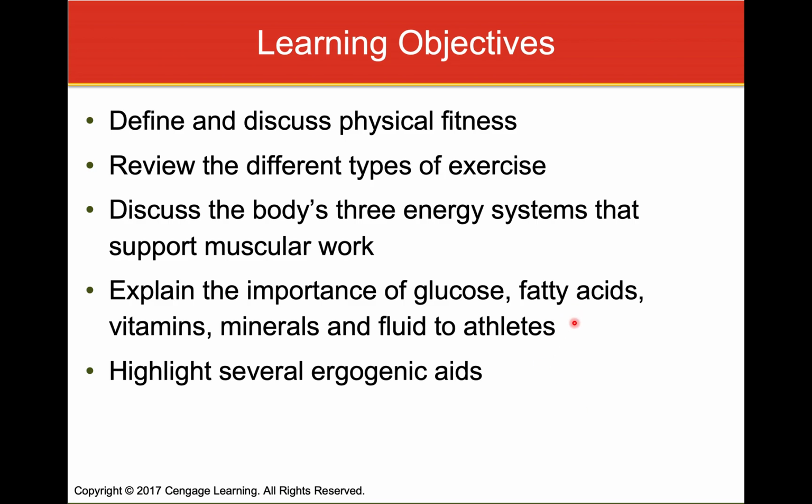Then we'll tie nutrition into this by explaining the importance of glucose, fatty acids, vitamins, minerals, and fluid to athletes. And then we'll finish off by highlighting several ergogenic aids, which are materials or supplements or anything that is supposed to give somebody a benefit to their performance when it's consumed.